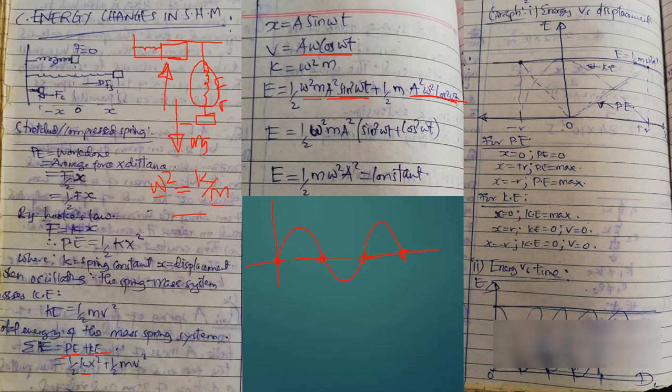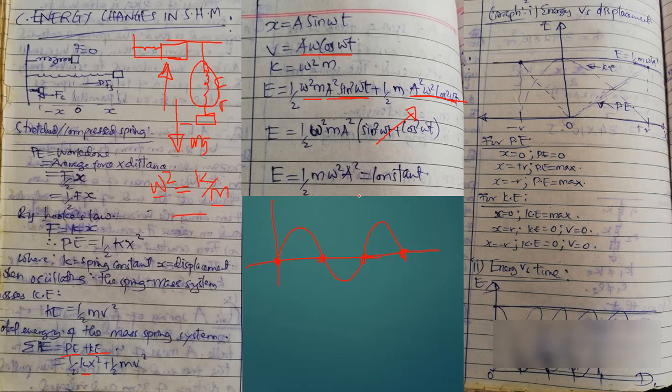So we have a half m a squared w squared, and inside remains sin squared wt plus cos squared wt, which mathematically is 1. So we get total energy equal to half m w squared a squared, which is a constant.